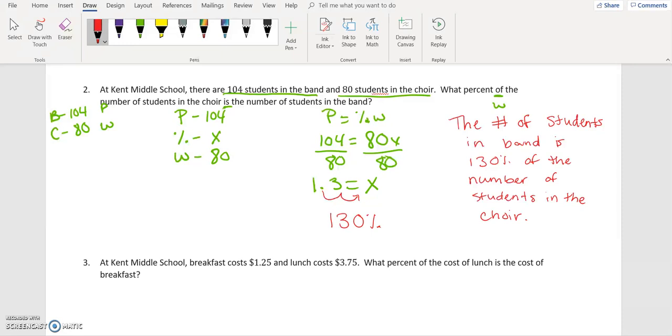So, in other words, there are more students in the band than there are in choir.